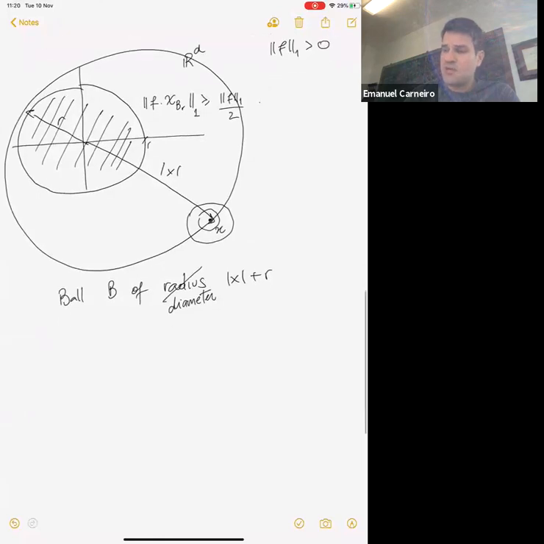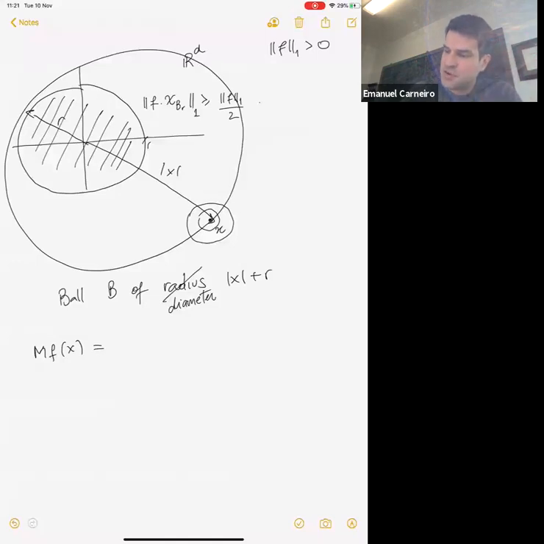But then you are okay, right? Because then when you take 1 over the measure of this ball B, the integral of f in this ball B. The maximal function of f at the point x is the supremum over the averages of all balls.